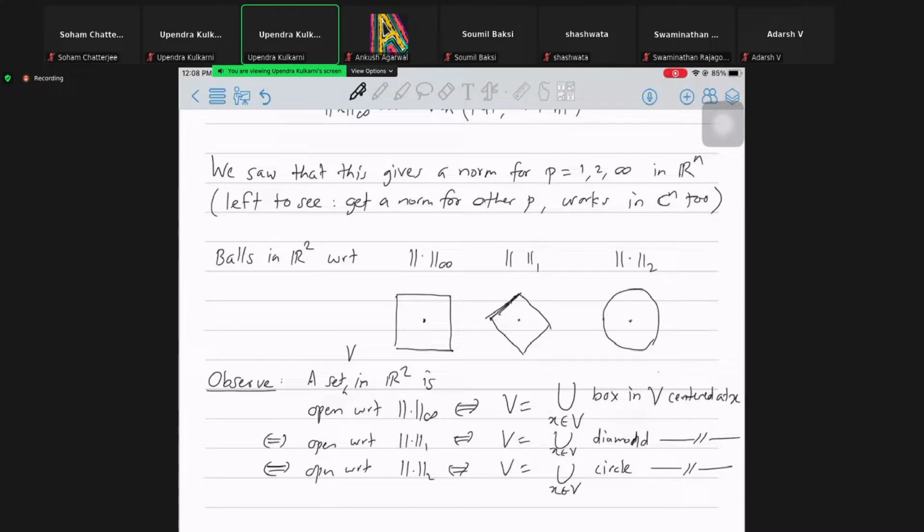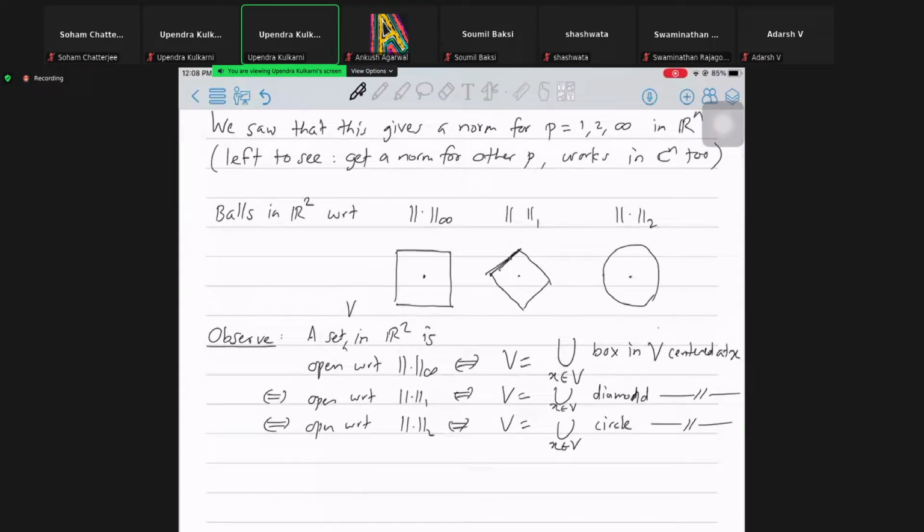And the union of all of these diamonds is still going to be the exact same set. Notice that this is happening for every single point X in the set, right? So this is an easy point, but you have to make sure that you understand this. So what is the upshot? The upshot is that the topology defined with respect to any one of these three norms is the exact same collection of open sets. So let's do this in general.